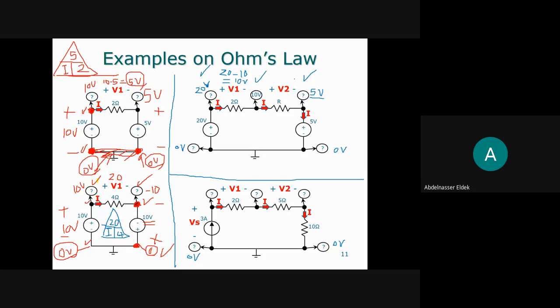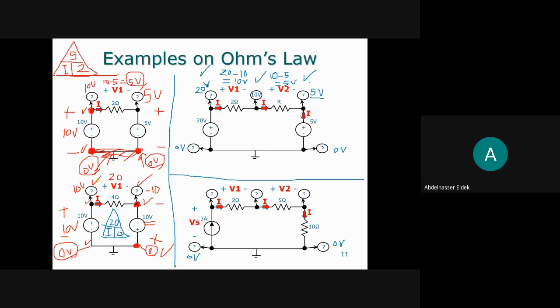So V1 equal 20 from the left minus 10 in the right. That will be 10 volt. V2 equal what? Equal 10 in the left minus 5 in the right. So it will be 5 volt.